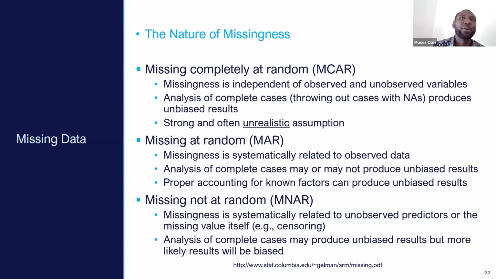And another example is if the probability of missingness also decreases as the earnings of the participants increase, then because the missingness is related to earnings itself, that type of missingness is also missing not at random. And so typically the type of imputation method and analysis you do will depend on whether your missingness falls under any of these three categories.